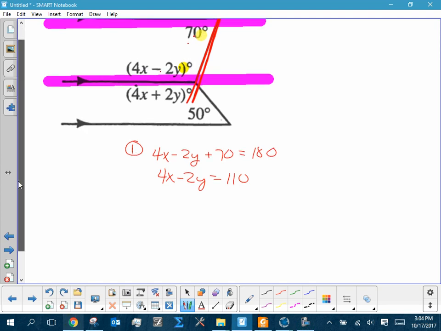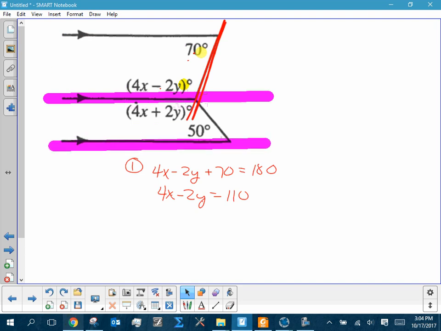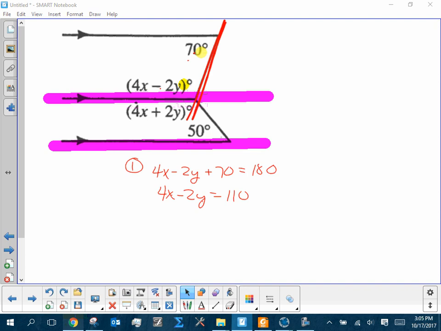But that's one equation. Now the problem is that we got x's and y's, right? Okay. So what we end up doing, we can't solve that. We're going to look at another set of parallel lines.